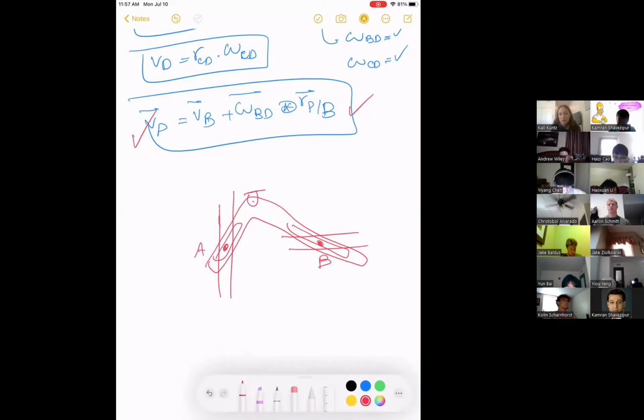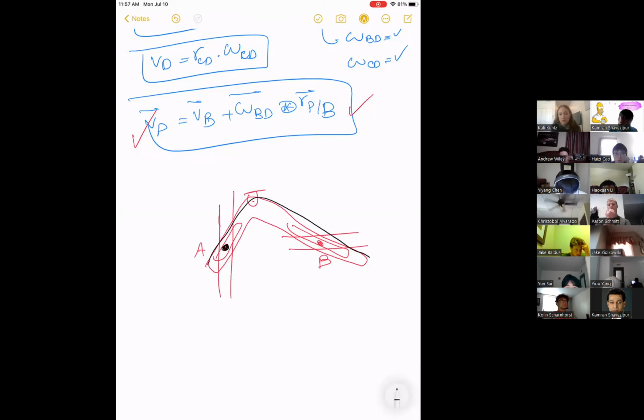If you look at here, point A is not part of this rigid body, right? And neither is point B. So you cannot do it. A slides relatively here, B slides in this slot relatively here. You cannot do that. So that's why it gives you that way.